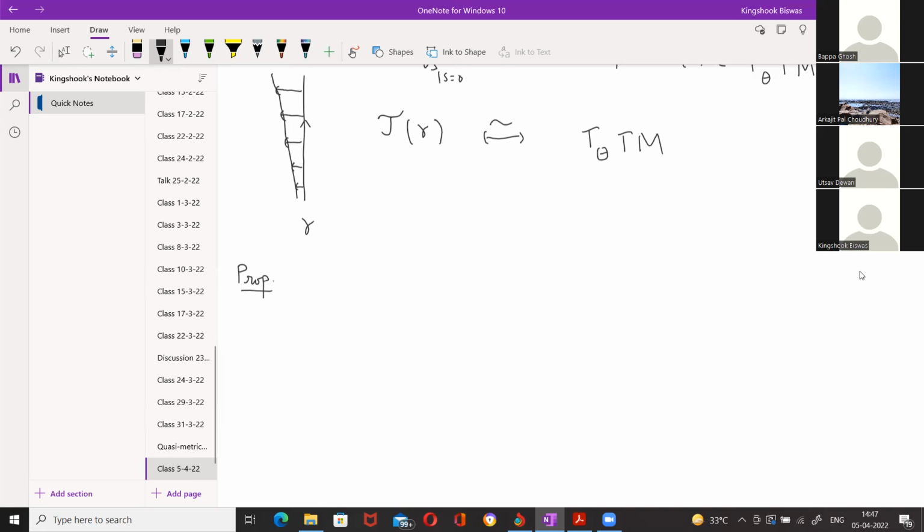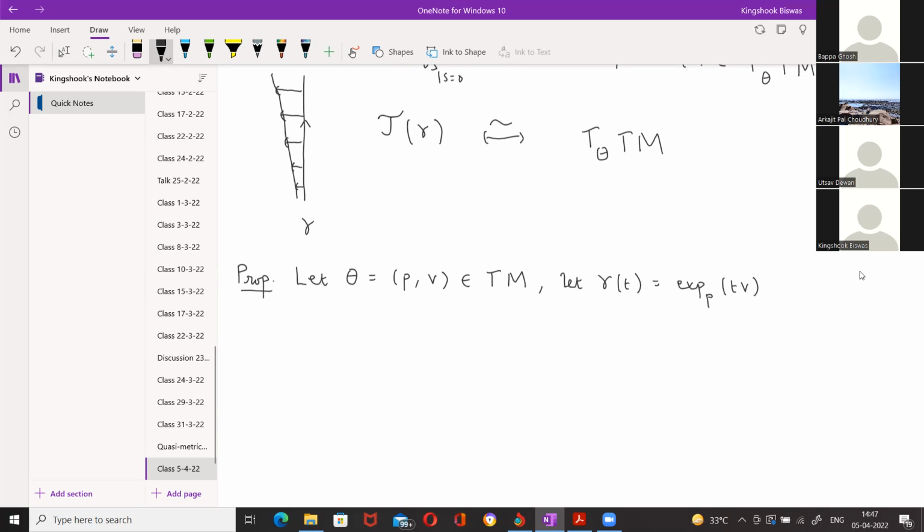Let theta be a point PV in Tm. And let gamma of t be the geodesic with initial condition PV, so it's exp_p of tV.